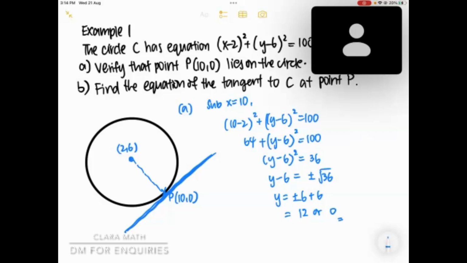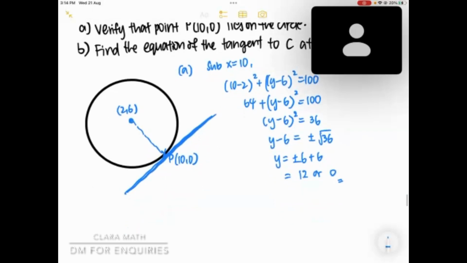To get the equation of the tangent line, I need the gradient. So I use the radius gradient to find the tangent line gradient. Let me find the gradient of the radius first. The y value is 0 minus 6 over 10 minus 2, so it will be minus 6 over 8, which equals minus 3 over 4.